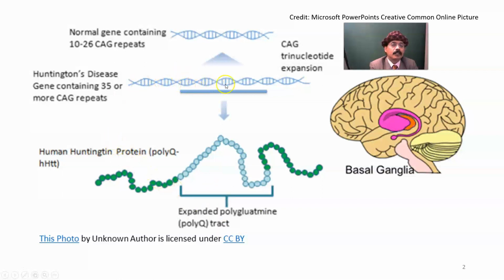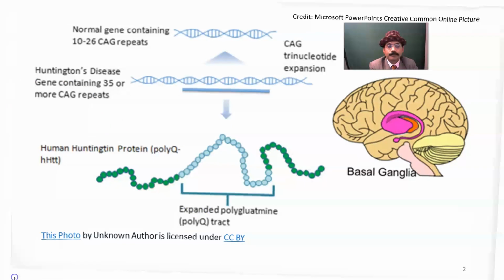So it is elongating because of repetition. So this is the Huntington disease. The function of the Huntington gene in a normal person is not known, but in Huntington disease it becomes abnormal due to repetition of the CAG, cytosine, adenine, guanine.